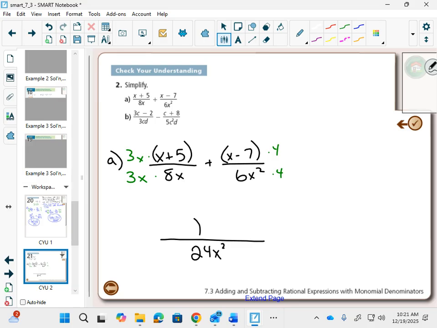Now I'm going to put brackets here and a plus sign and brackets here because I'm going to figure out each of these separately. Can you see with this 3x now, it would actually have to get distributed. And so in the first one, I would have gotten 3x squared plus 15x. Are you okay if I did that all in one step? On the second one, if I distribute it, I would have a 4x minus 28.